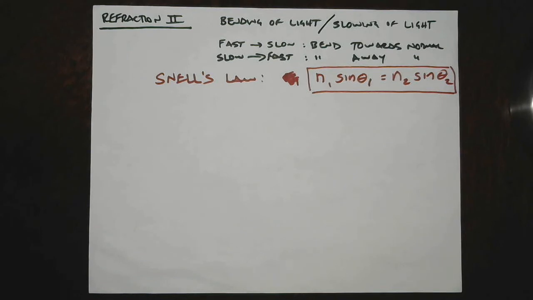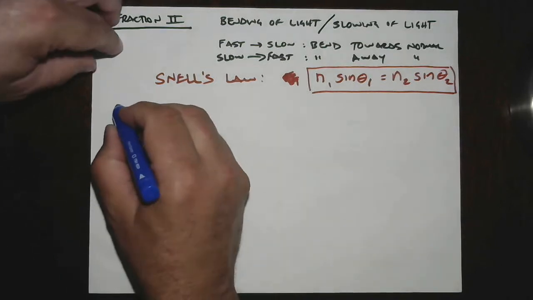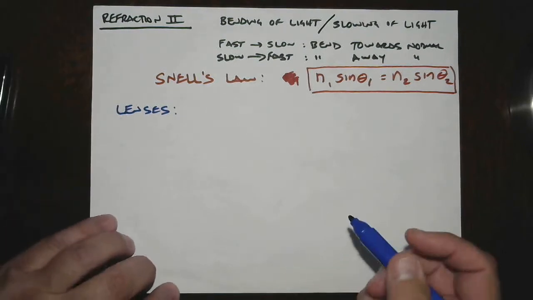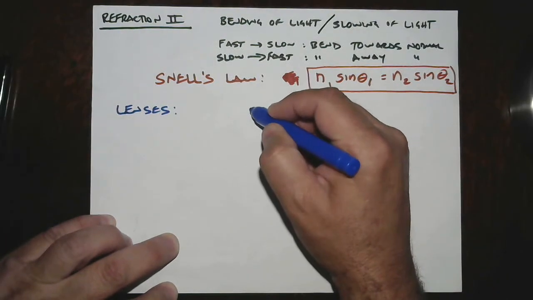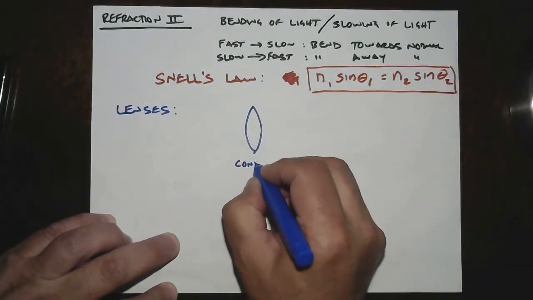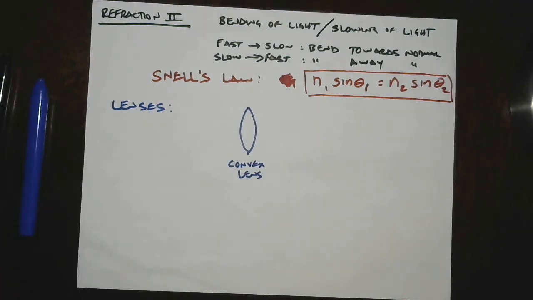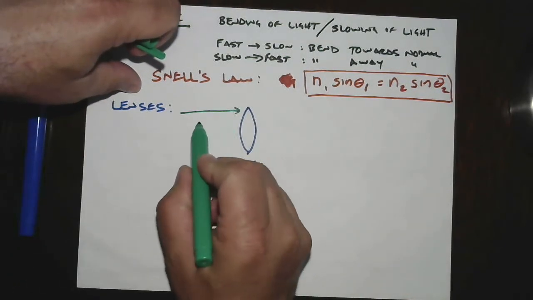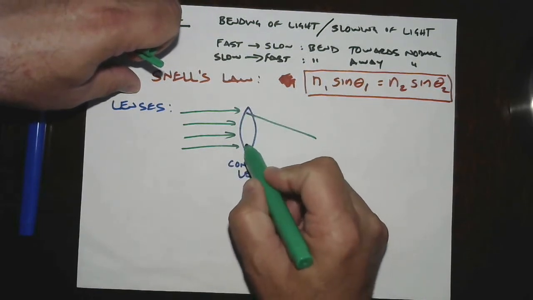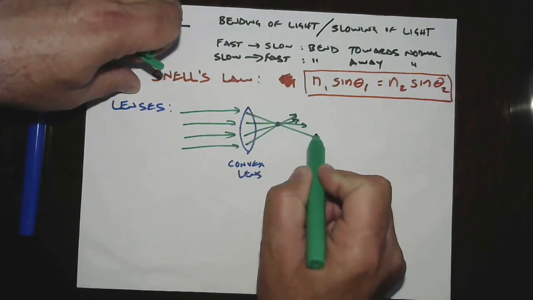Okay, another thing that we did is we basically talked about lenses. Lenses were structures made of glass or some other transparent material that would bend light, and a structure that had this shape, that was a convex lens, would have the effect of taking parallel rays of light and bending them so that they went through a focus.